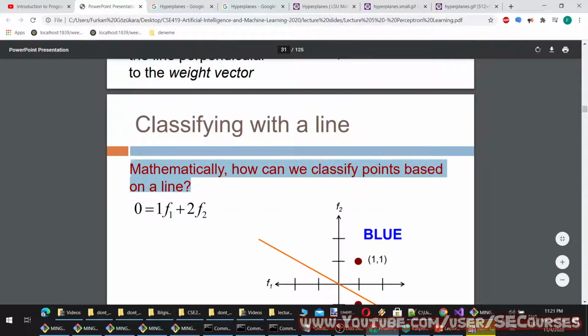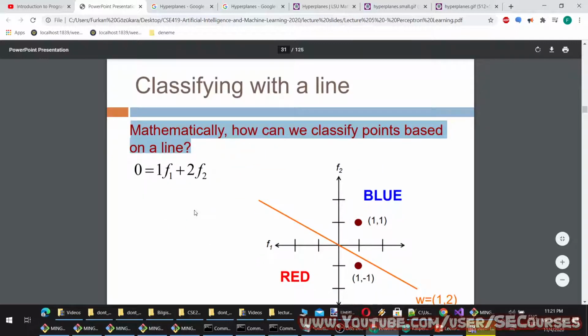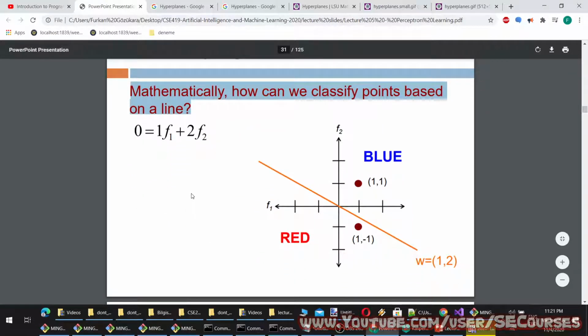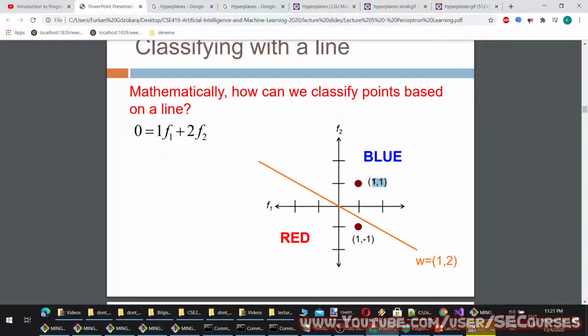Classifying with a line. Mathematically, how can we classify points based on a line? Each point is actually a feature vector of our data. You see they are scaled between 1 and minus 1 at the moment. Each of them is a data point with feature values of our data.